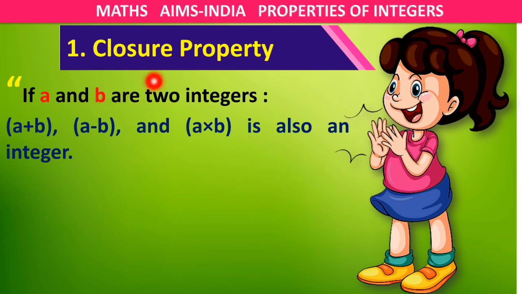This is called closure property. When we use 2 integers, the result should also be an integer. In the same way, when we use 2 whole numbers, the result should also be a whole number. When it satisfies this condition, then the integers or whole numbers are said to follow the closure property.